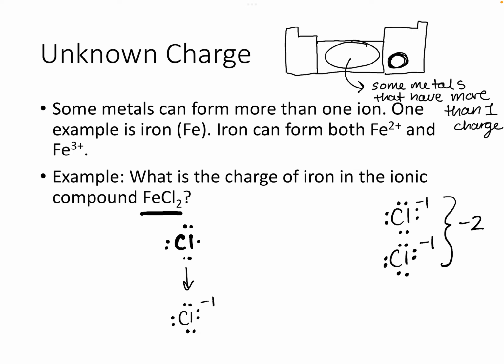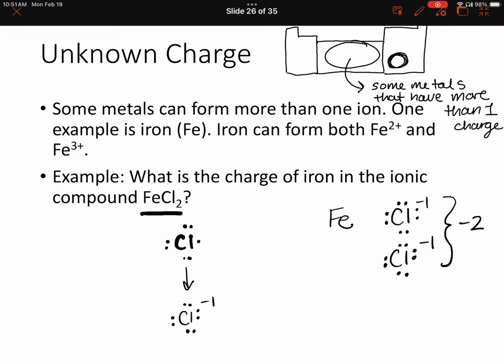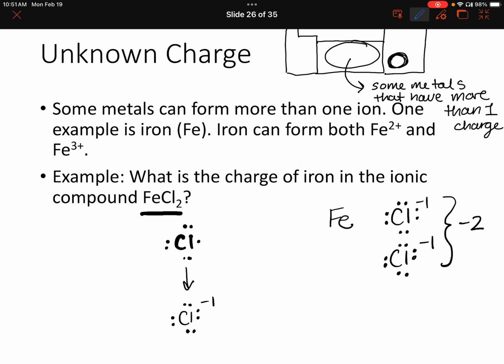But it looks like we only have 1 iron ion. So what is the charge on that iron ion so that we balance the charges? Well, it has to be +2 to balance the -2. So let's just make a note.